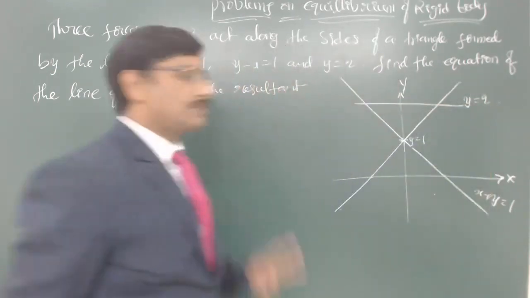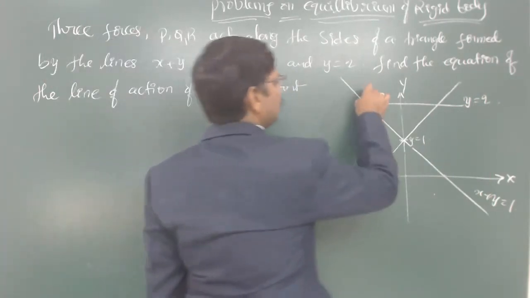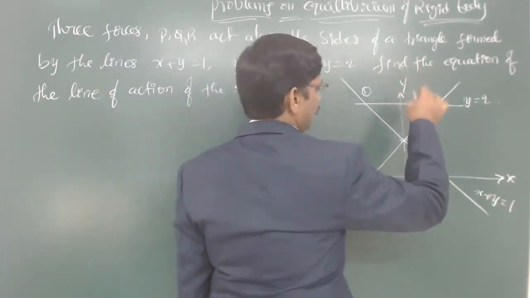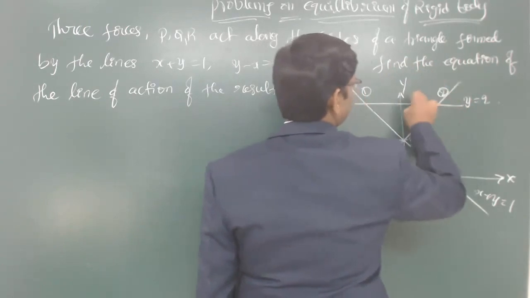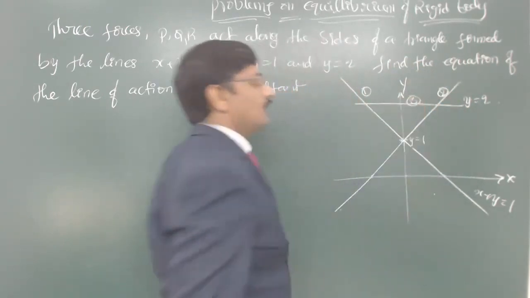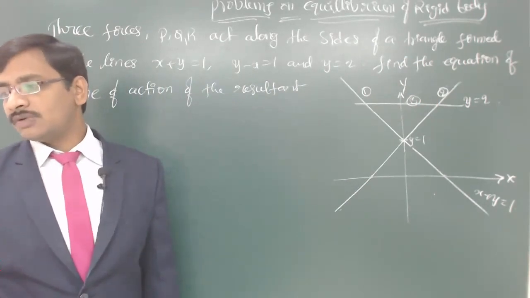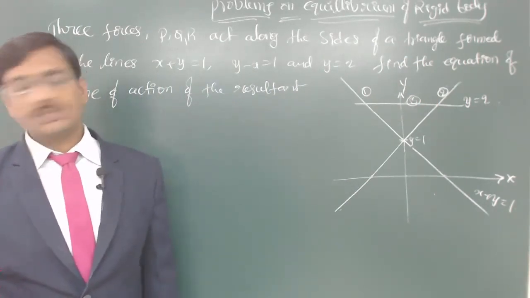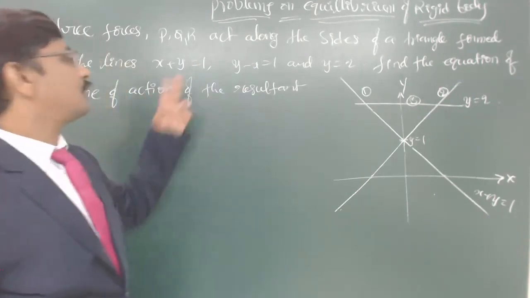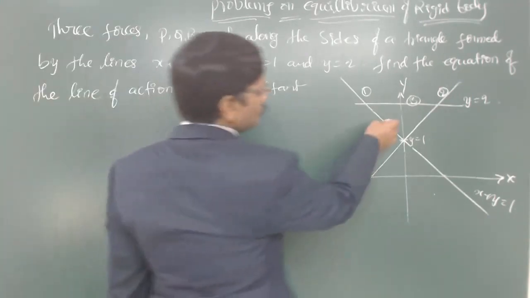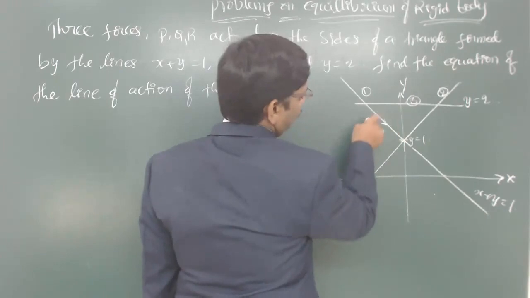Now he is talking about three different straight lines. This is one, this is the second one, and this is the third one. There are three different forces acting on these, and those forces are P, Q, R. On the first line, x plus y is equal to 1, a force P is acting.